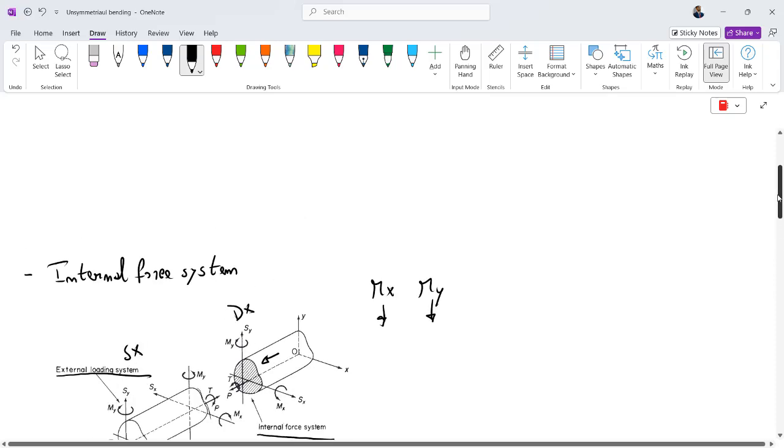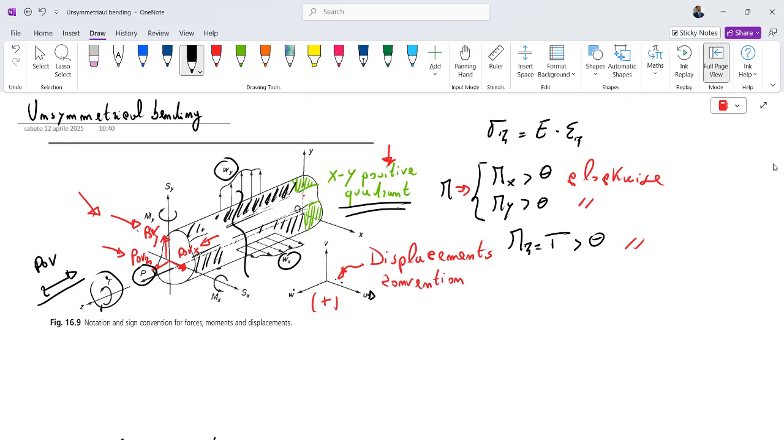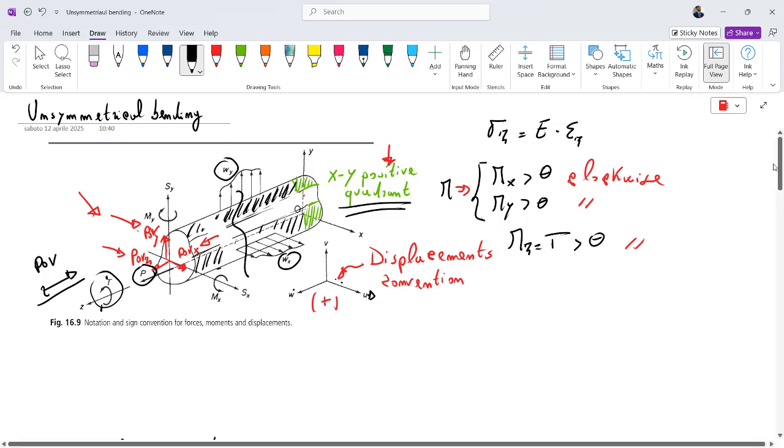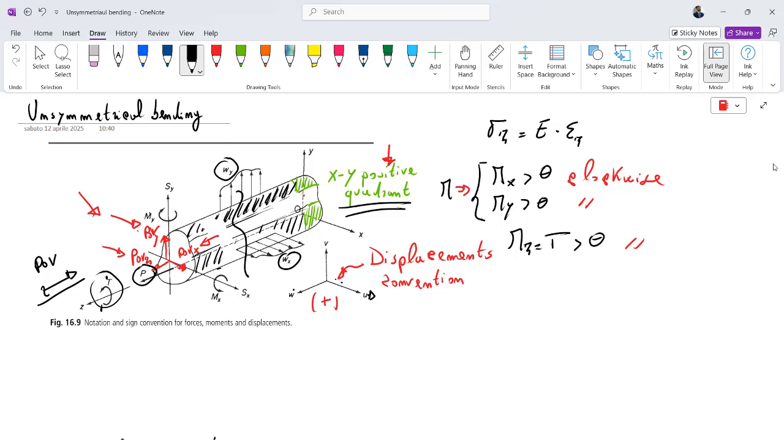For the other stuff, Py and Px, here we also have an example of a lumped load. This is a Pz, that is normal, but we could also have a force applied along the y-axis, and this will be Py, or a force applied in the x direction will be Px.